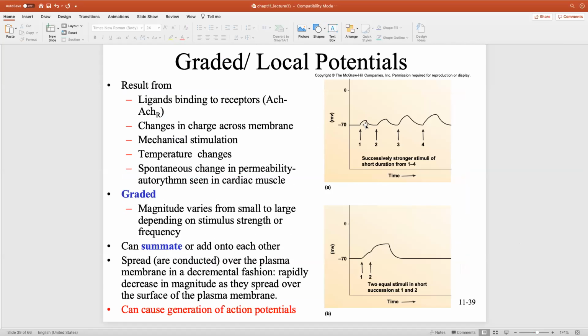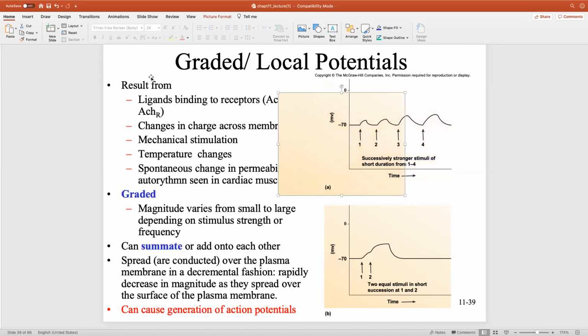So some local or graded potentials are not strong enough to hit threshold. When that happens, there's not a twitch, nothing occurs motor-wise. Sensory-wise, it's not like you feel just a light touch. No, you feel nothing, because no action potential is triggered: you don't hit threshold and have at least one action potential.